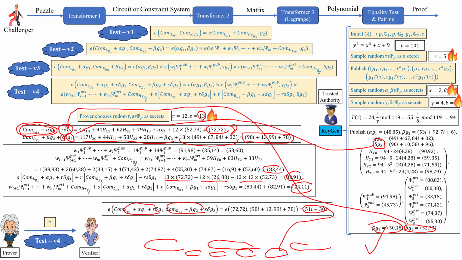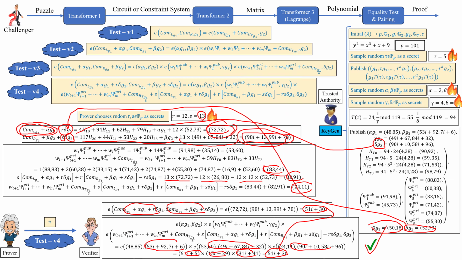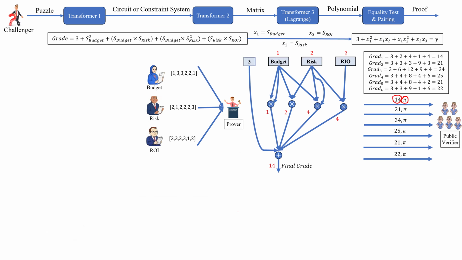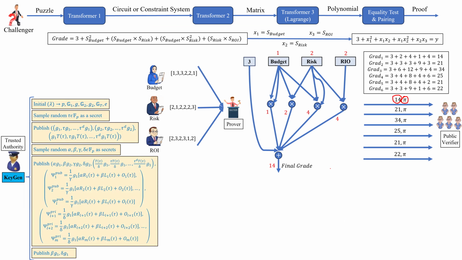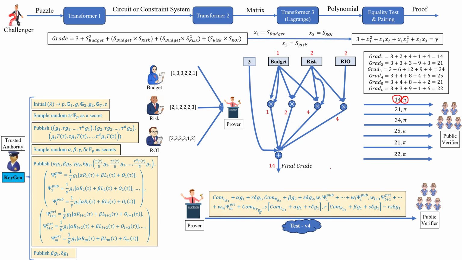So all of these values that should be sent to the verifier are called pi. So the prover needs a trusted authority to generate those SRS values, and test version 4 is the only test that needs to be checked, right? The only test and the valid test.